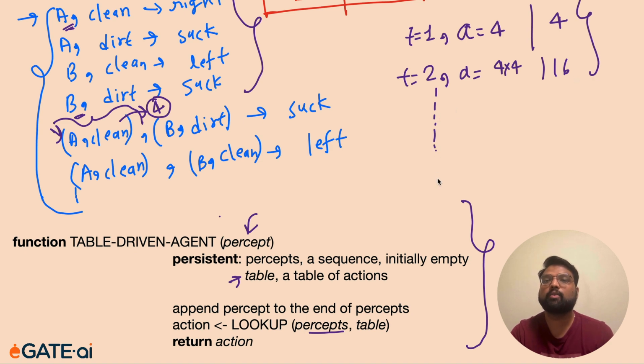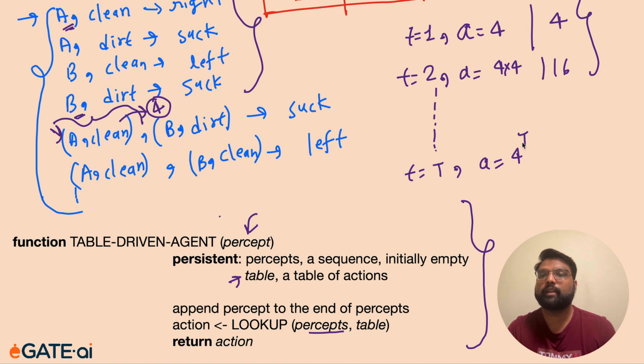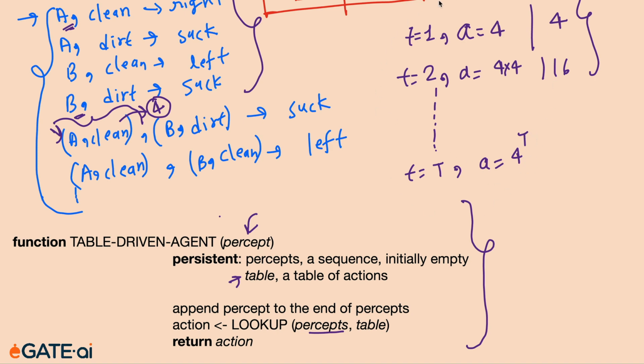So this table will grow. For the t-th percept sequence, the number of actions would be 4 times 4 times 4, that is 4 to the power t. The total entries in the table would be 4 plus 16 plus up to 4 to the power t, which we can write as the sum from t equals 1 to T of 4 to the power t.